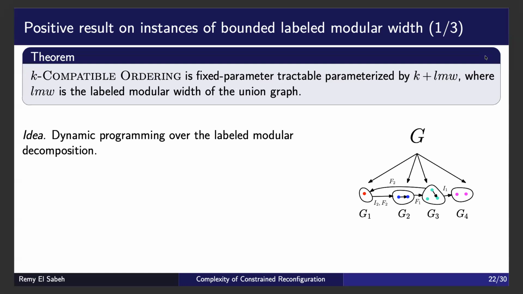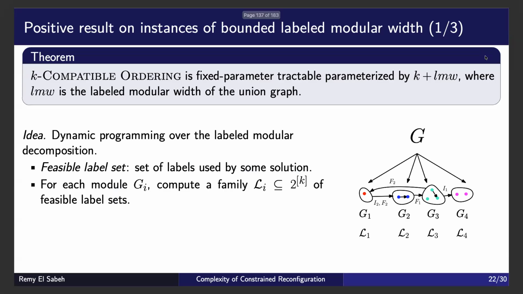So the DP state that we're interested in is something that's called a feasible label set. A feasible label set is a set of labels that is used in some way in a solution to an instance that's restricted to one of these modules. And we're going to have a bunch of these.